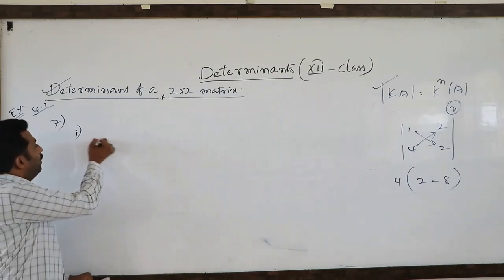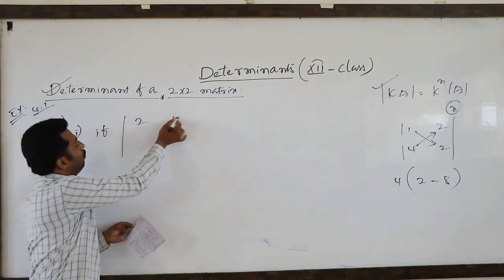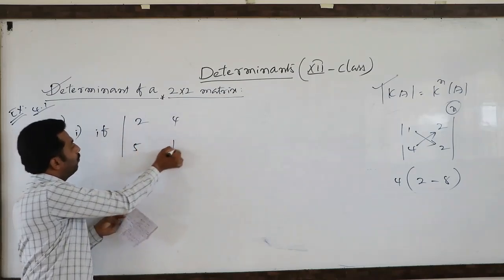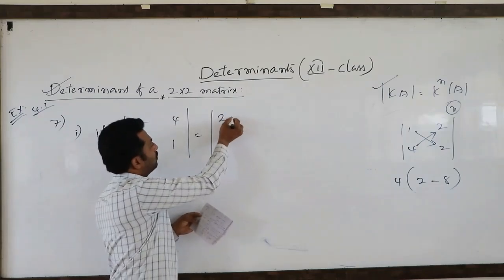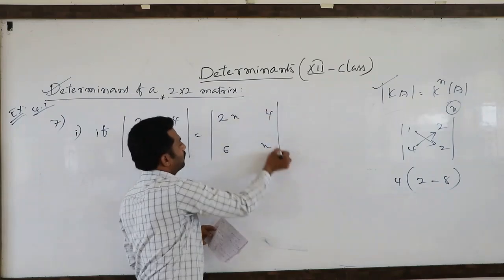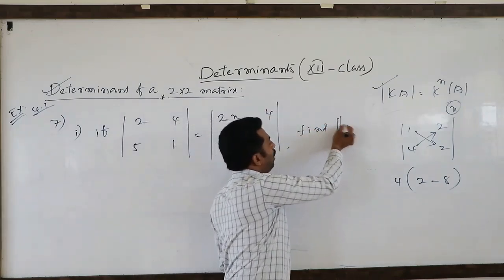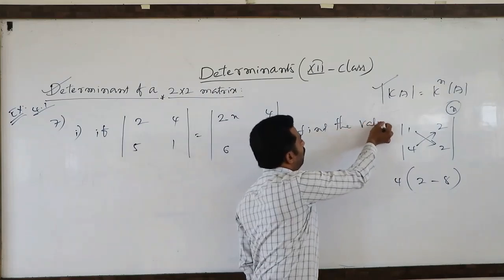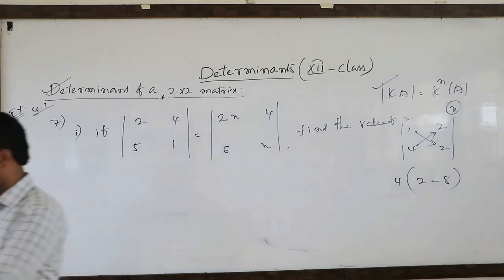See, if determinant of 2, 4, 5, 1 is equal to determinant of 2x, 4, 6, x, then find the value of x. X value we have to calculate.